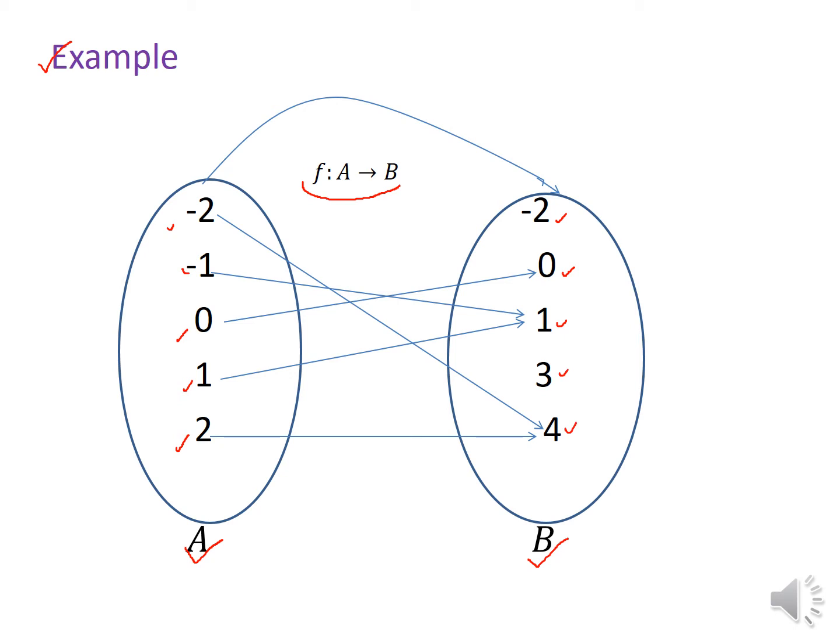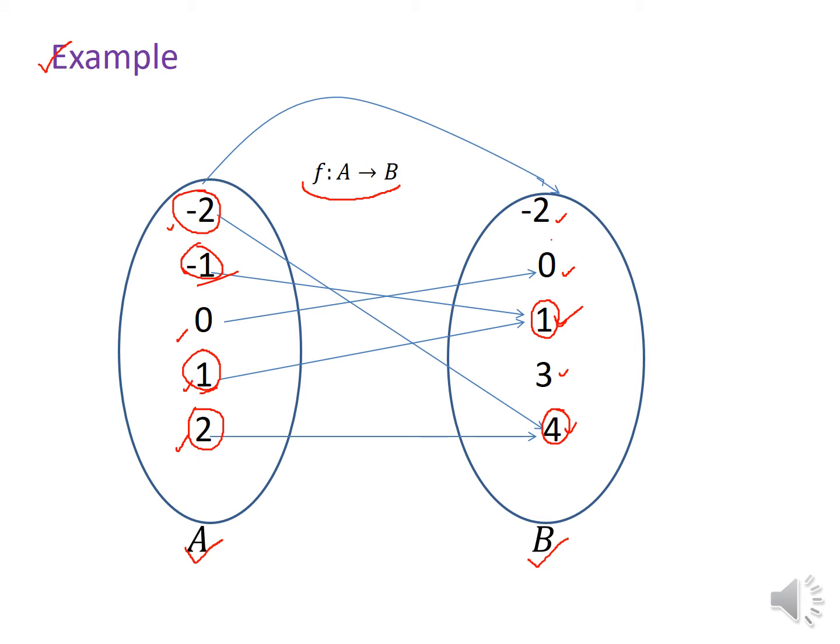Now from these sets we see that 4 is the image of -2 and 2, as 4 is assigned to -2 and 2. 1 is the image of -1 and 1, as this 1 is assigned to -1 and 1.